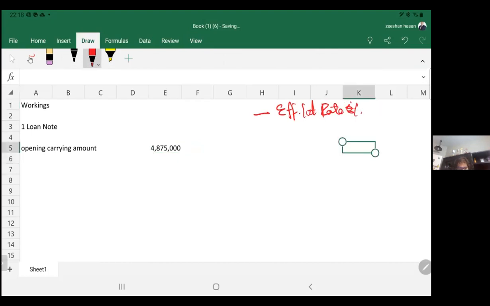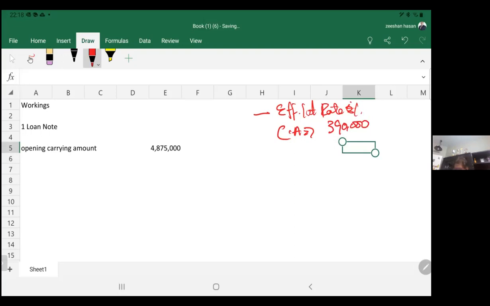And that is applied to the carrying amount of the loan. What is the carrying amount? The carrying amount is 390,000. Okay.